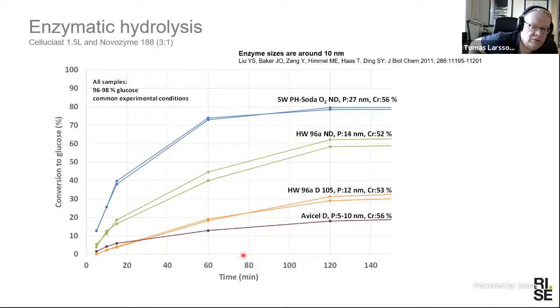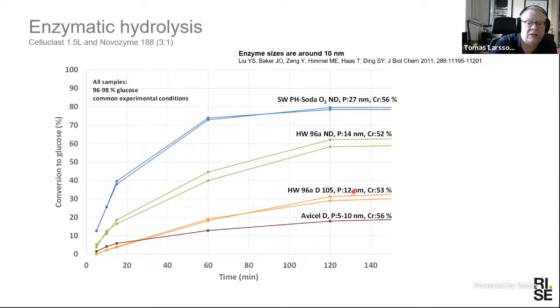So I could say that the results are basically summarized here. Enzyme sizes are about 5 to 10 nanometers in this particular cocktail of enzymes that we use. You can see that if you go from the bottom here, we have a material that has about 5 to 10 nanometers. The conversion is slow initially, and we don't manage to get much conversion over a long time either.